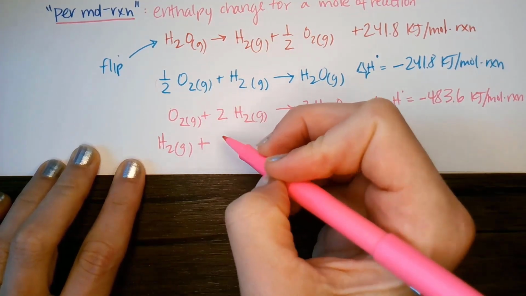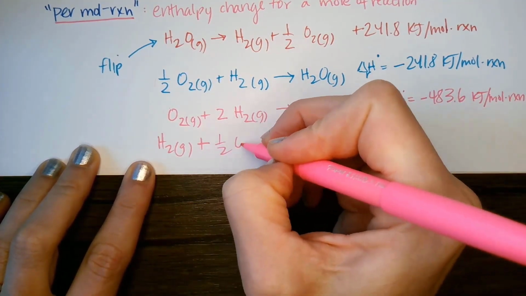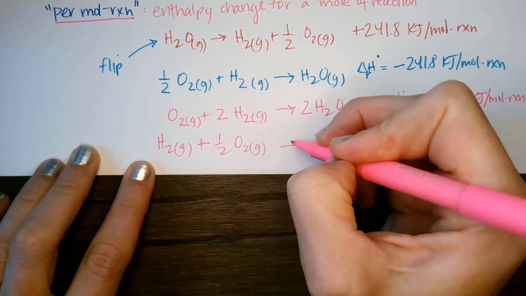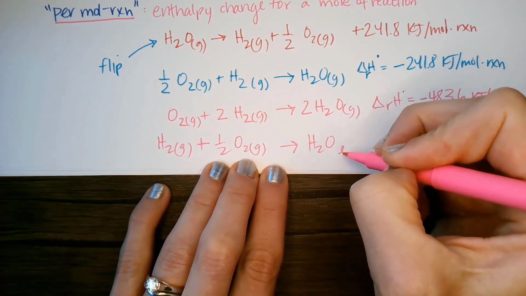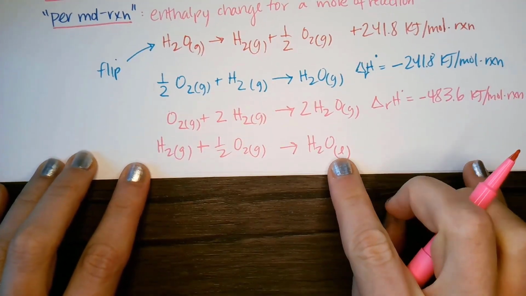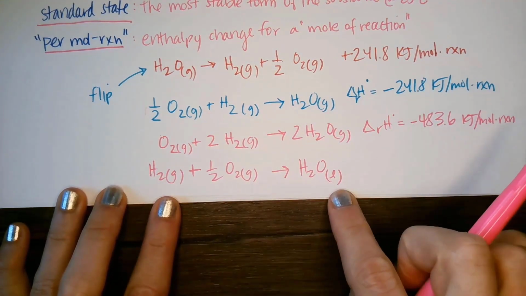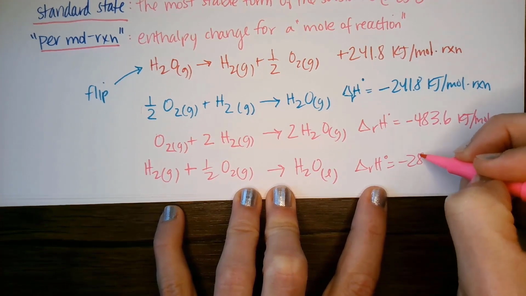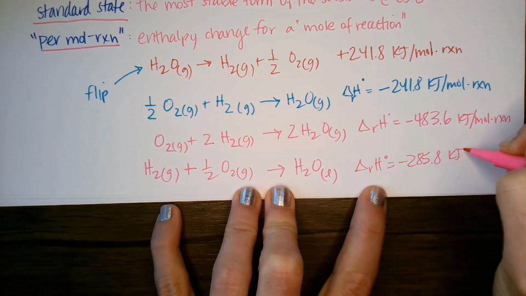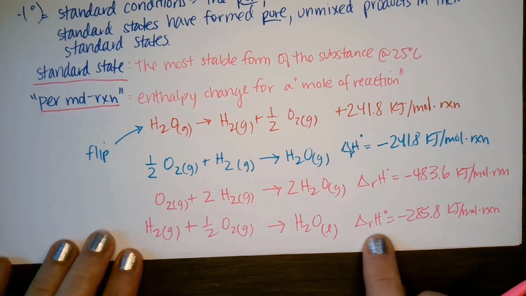Because, for example, if we had hydrogen gas plus half of oxygen gas, and they create liquid water, gas, gas, but it was creating water vapor. My delta H in this case is negative 285.8 kilojoules per mole for the reaction.